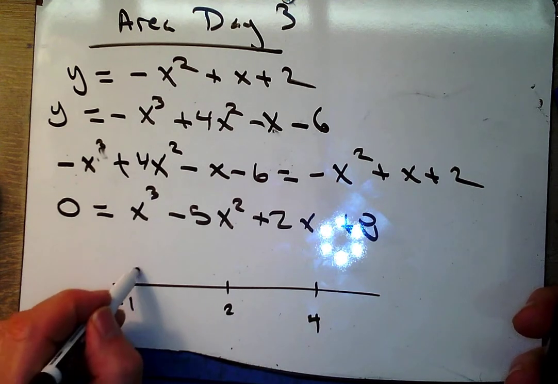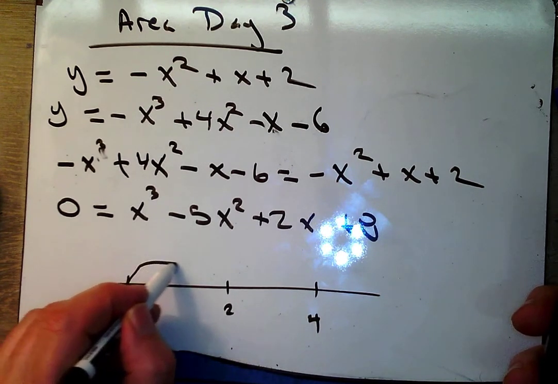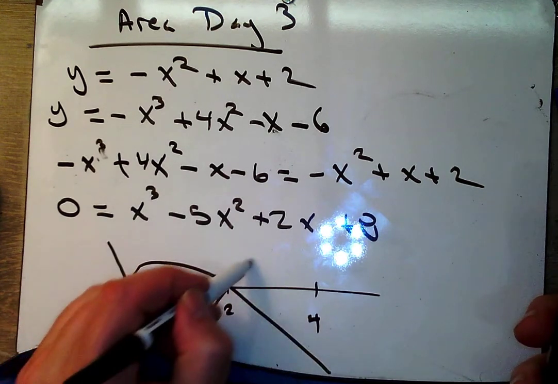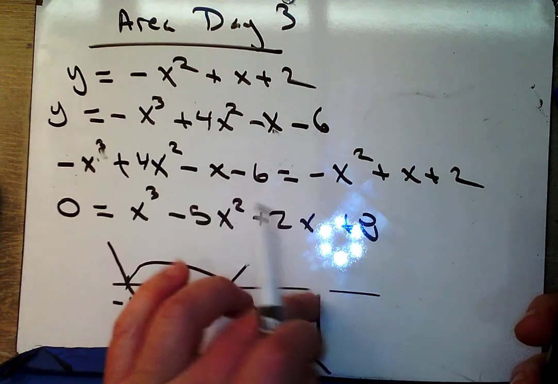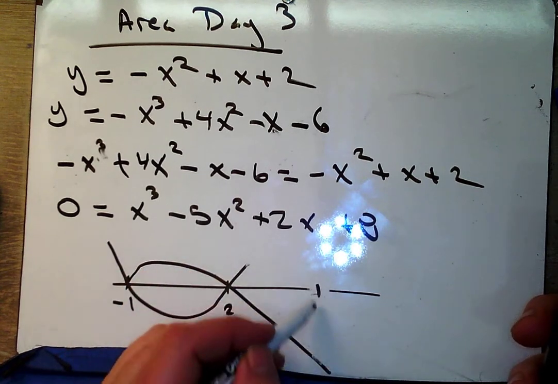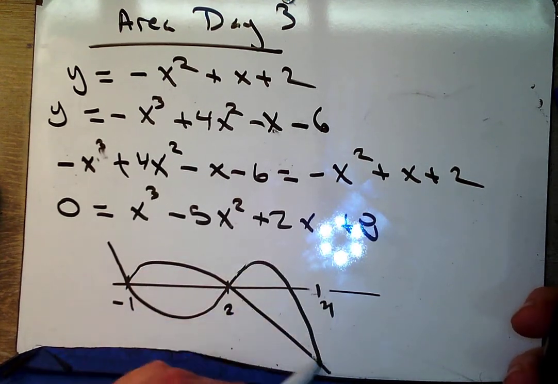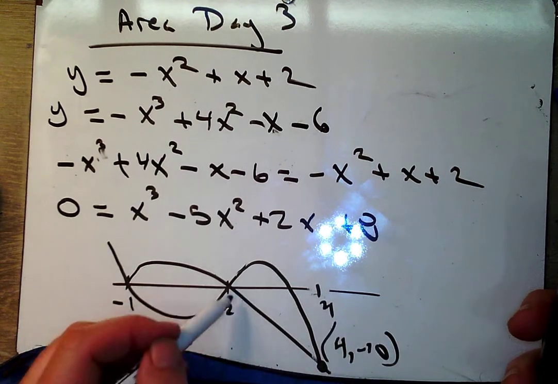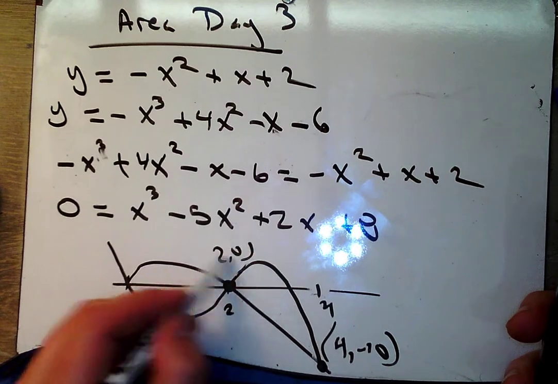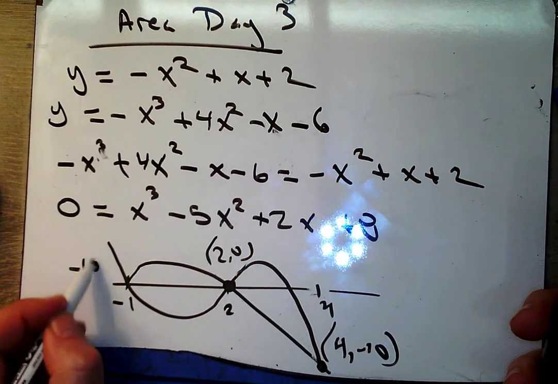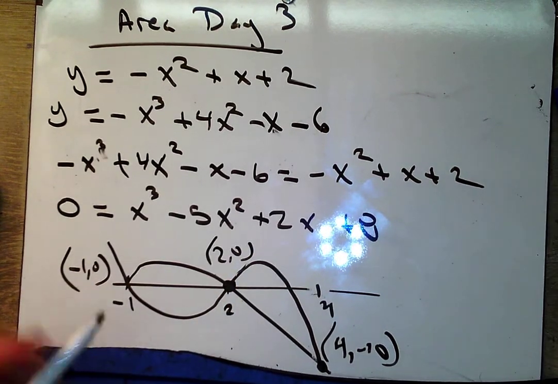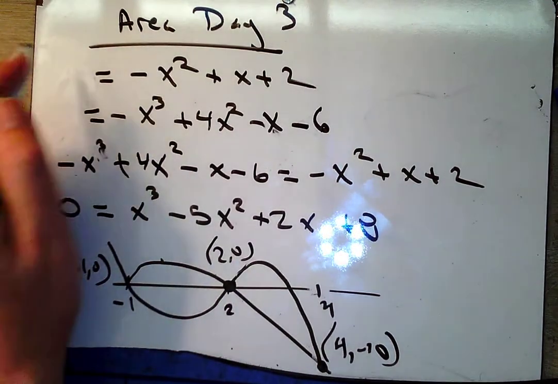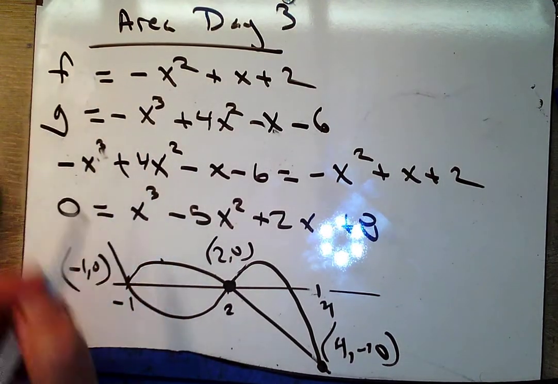And the down-pointing parabola is going like that. And the negative cubic is going like that. So here's 4, -10. And this is 2, 0. And -1, 0. Okay, let's change their names to make it a little easier on our brains.